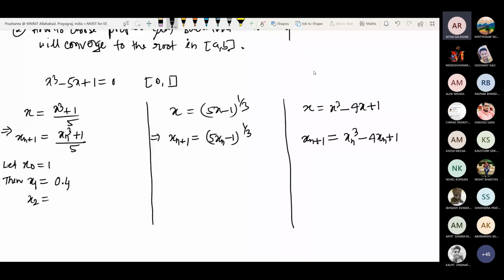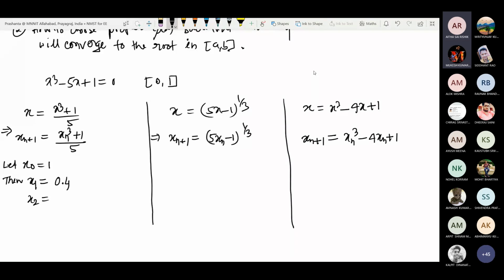0.28. Please check it again. Is it 0.28? It is 0.2128. Nobody is able to tell correctly: 0.4 cube, 0.4 cube plus 1 by 5 is 0.2128.